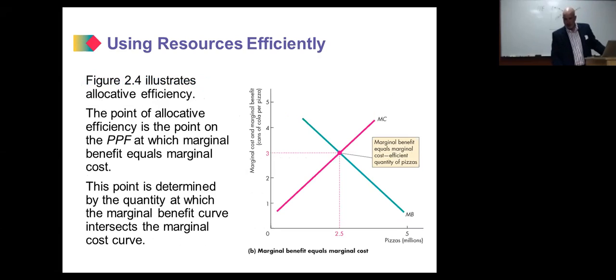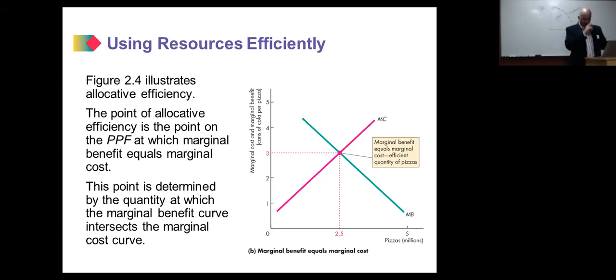And that is the point where marginal benefit is equal to marginal cost. All right, so at any point, we cannot produce more without giving up some of the other good.